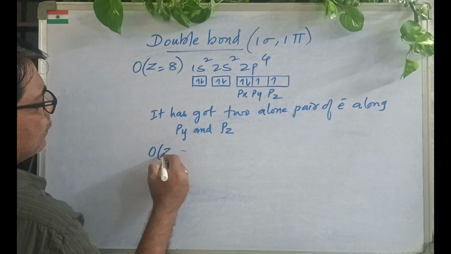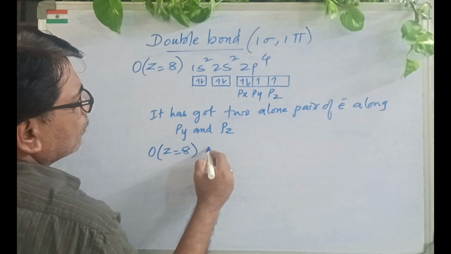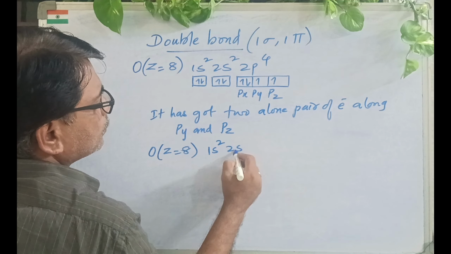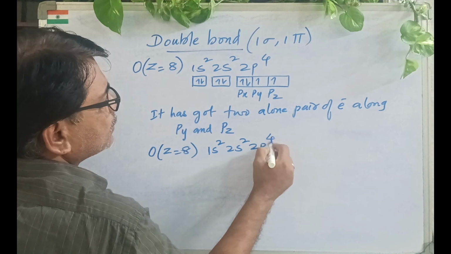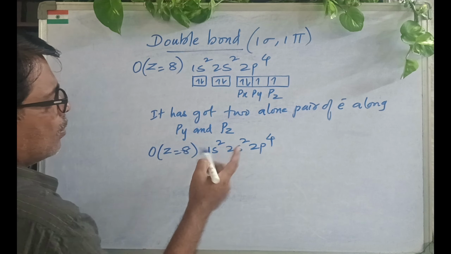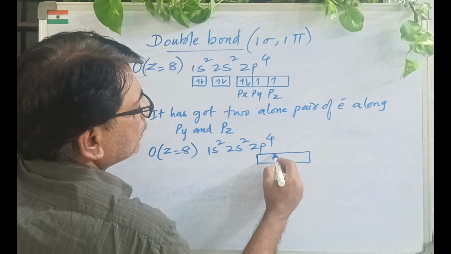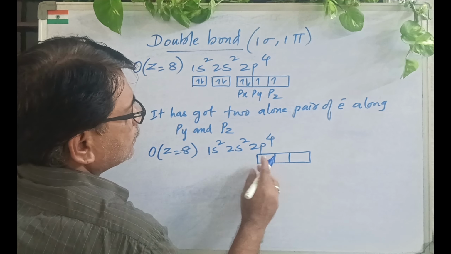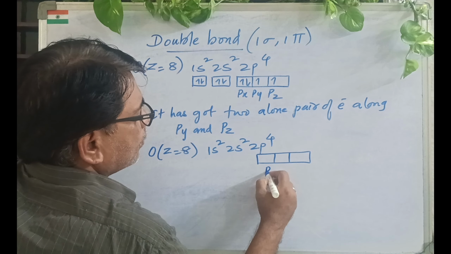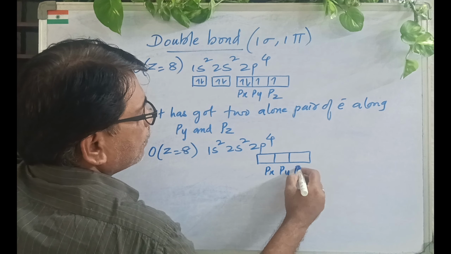Take another oxygen whose electronic configuration will be same, 1s2, 2s2 and 2p4. Why is it same? You took same oxygen, no? Always it will be same. No need of filling all this, it's understood now, but only thing is with p. P is having 3 degenerate orbitals, px, py and pz.